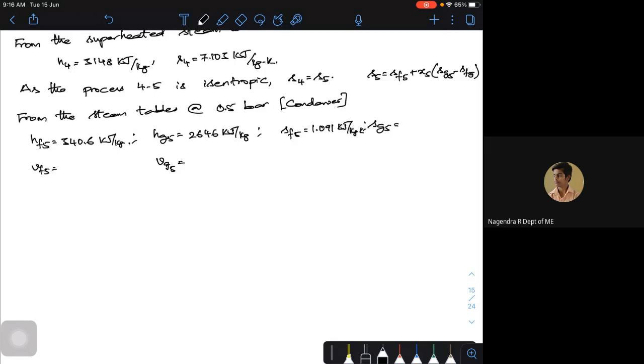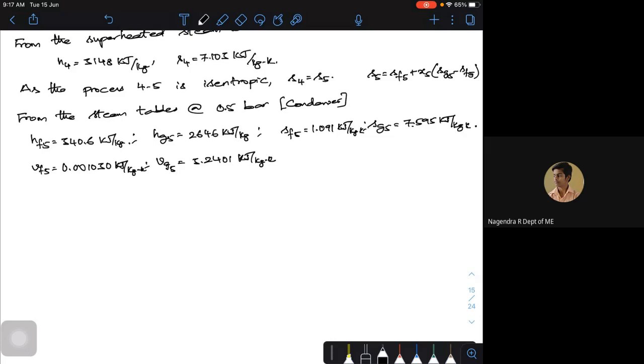What is SG5? 7.595 kilojoules per kg degree Kelvin. What is VF5? 0.001030. What is VG5? 3.2401. So now all the values we are able to get from the steam tables.